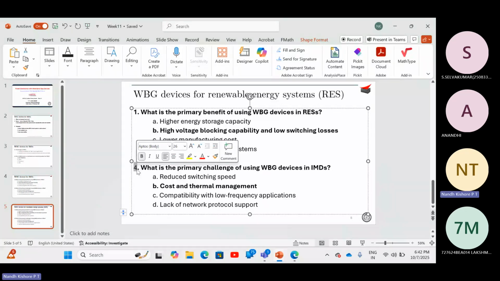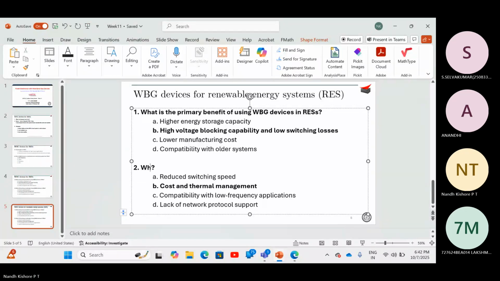So the next question would be, which renewable energy system primarily benefits from WBG devices? Solar and hydroelectric, photovoltaic.